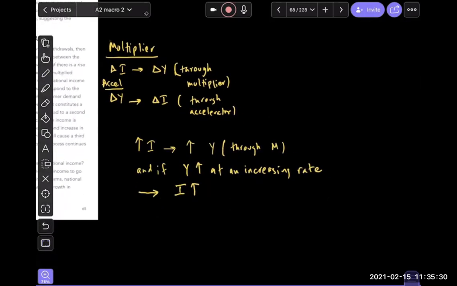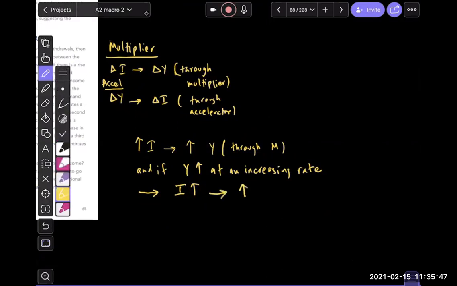So multiplier theory said that whenever investment goes up, there will be a rise in GDP. And accelerator says that if GDP is increasing at an increasing rate, then even investment will go up. And if investment goes up, again GDP should go up through the multiplier, which means again there's a possibility that I will go up through the accelerator.